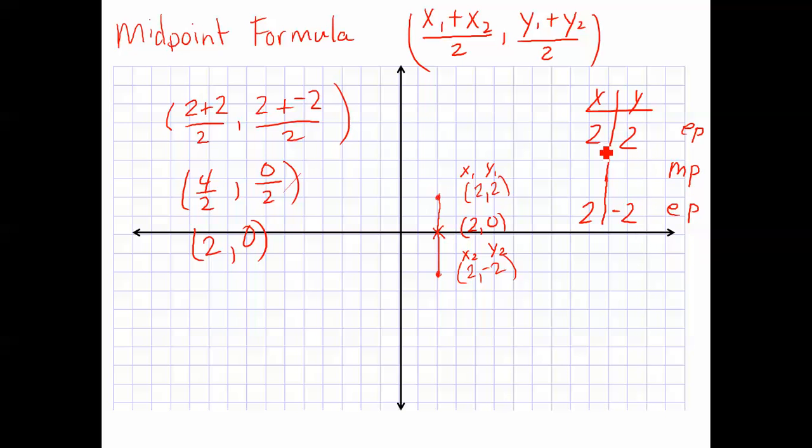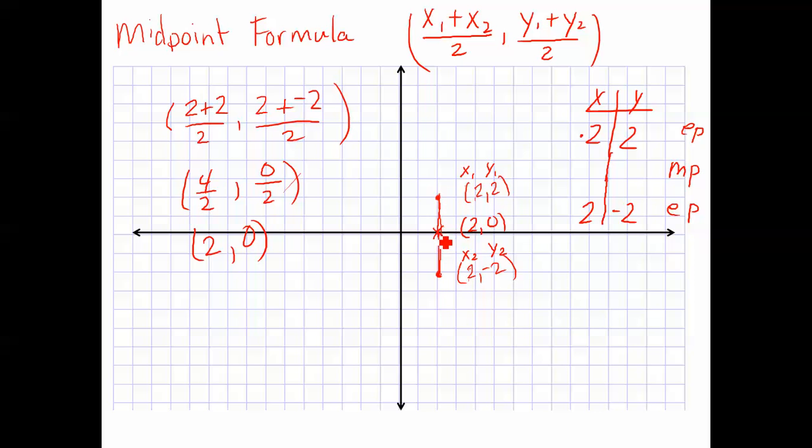Okay, so what I need to figure out in order to do it this way rather than using my formula is what did I have to do to get from this 2 right here down to this 2 on my x-axis.